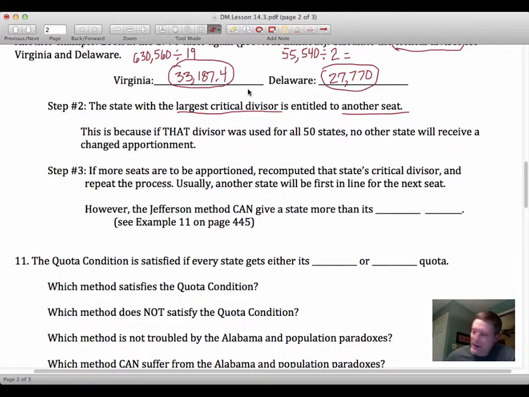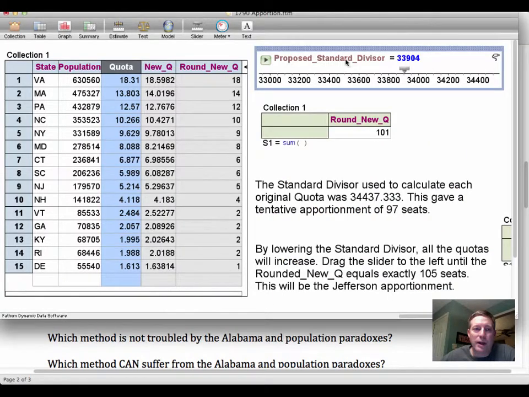However, as you might expect, there is a drawback to this method, and the drawback is that sometimes a state can get more than its upper quota. Here's what could happen. Let me just take Maryland, for example.